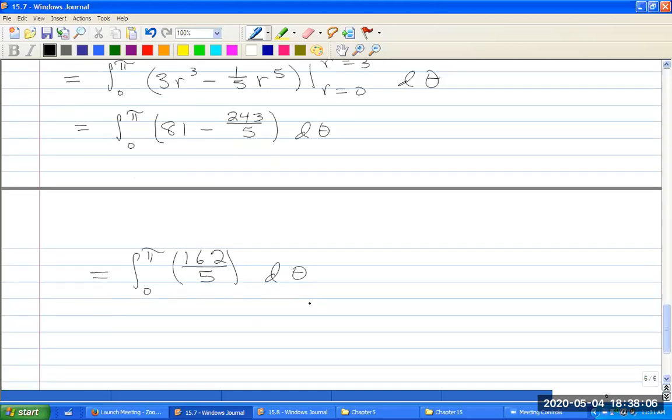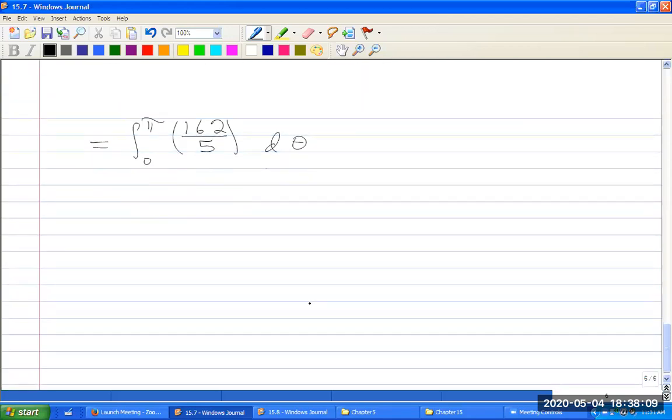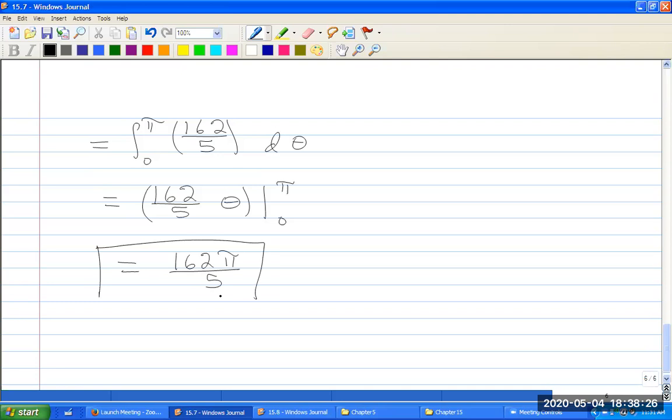And so lastly, this is 162 over 5 theta between 0 and pi, which gives you 162 pi over 5. And that is your answer.